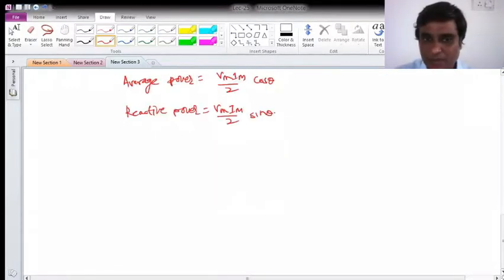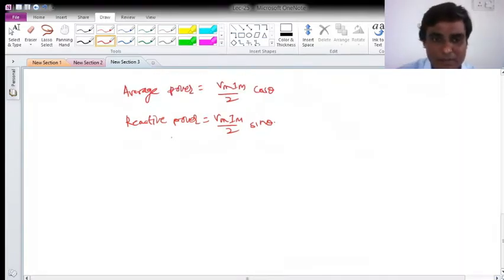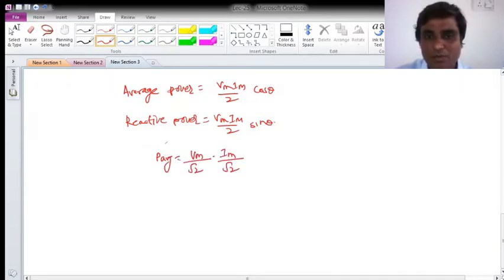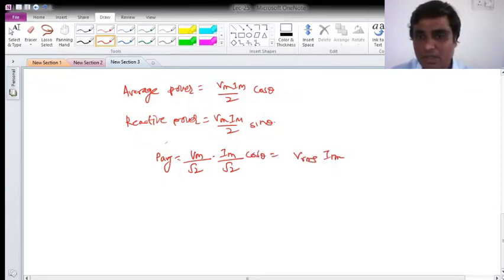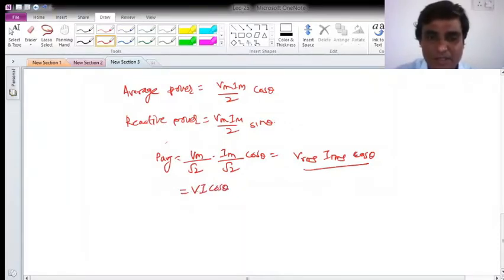Now average power or active power can be written this way also, Vm by root 2 into Im by root 2 into cos theta, so that it will become Vrms Irms cos theta. Basically all our AC meters read the RMS values, that's why it is always better to write in RMS values. If I write VI cos theta and don't mention anything, it means V and I are RMS values.